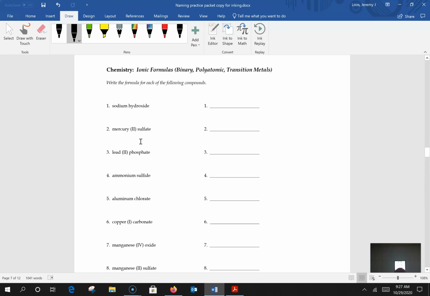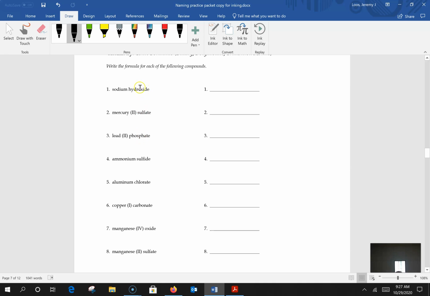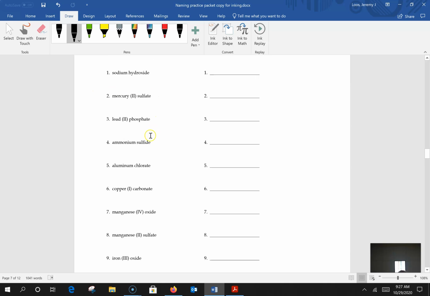Now, if you're doing the top, probably the biggest thing that people are going to mix up is recognizing when you're dealing with a polyatomic ion. Skipping the first one for a second, because that's a bit of an exception, the best thing to pay attention to in knowing if we're using a polyatomic ion is the ending.